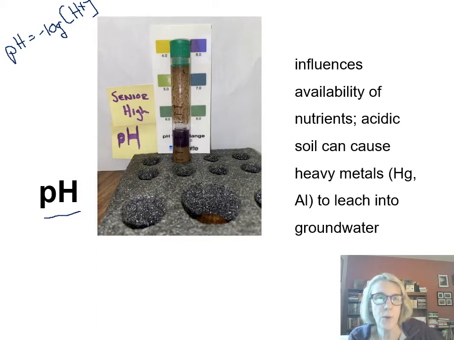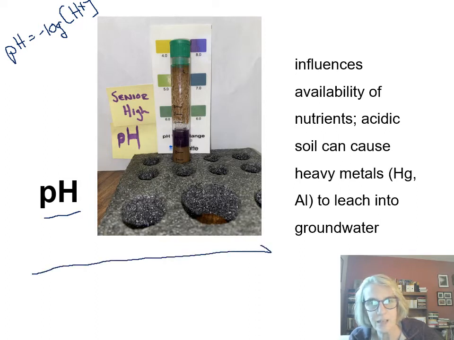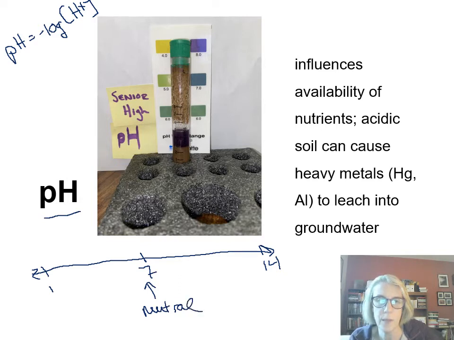So when we look at the pH scale, again, let's see if I can draw. I cannot draw a straight line on this, but you get the idea. So pH is going to go from 1 to 14. All right, 7 is right in the middle, and so 7 is what we term neutral pH.